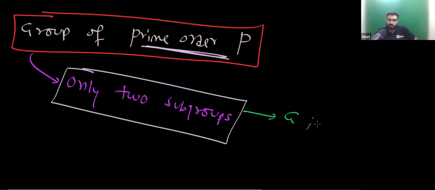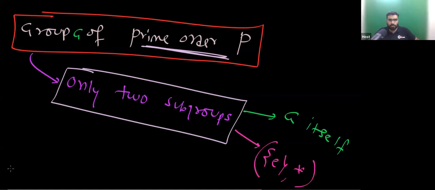That will be G itself, and that will be your trivial group. So only two subgroups are there.